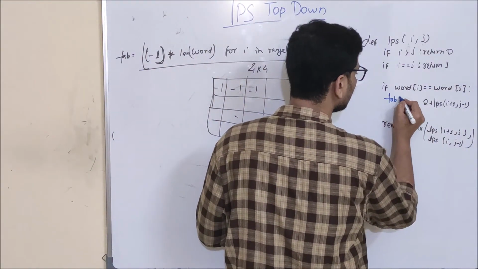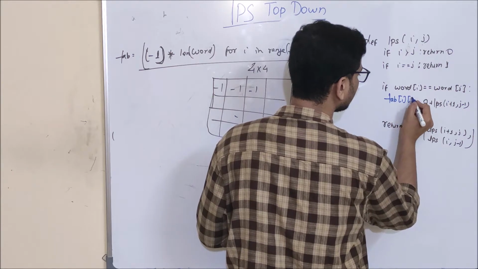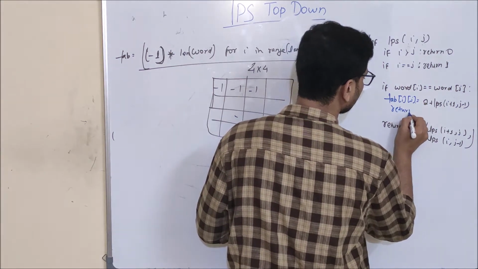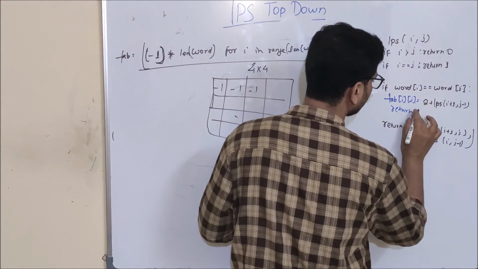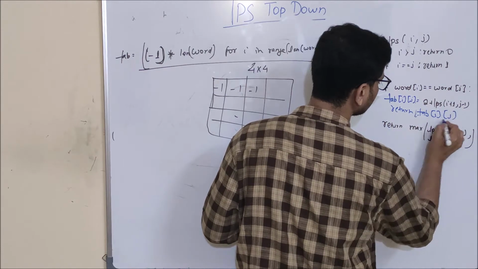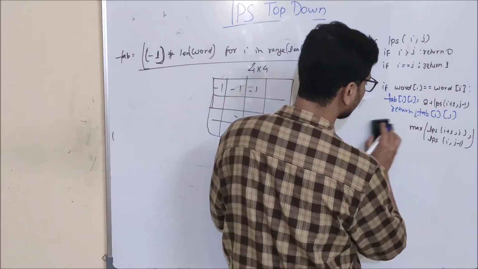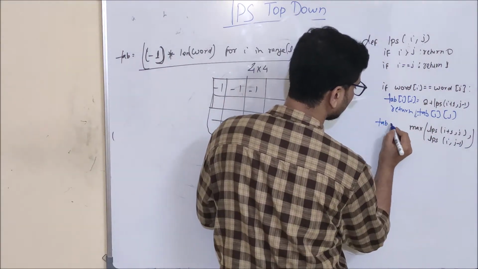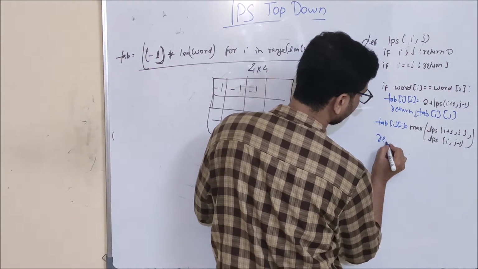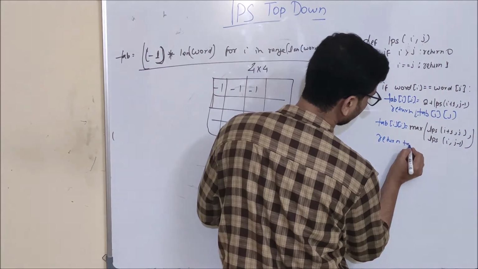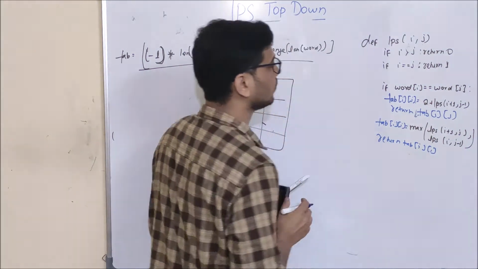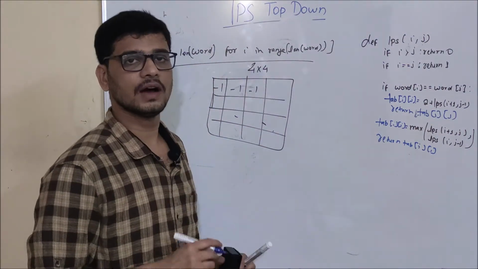That is, we will first update the table, then return tab of ij. Similarly, here I will first update, and in the next line we will return tab of ij. And one more thing, this is the updation part.